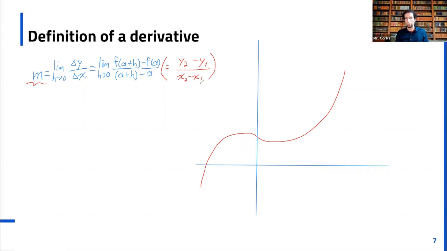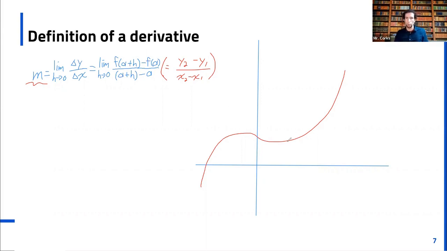Okay, so if this is from a slope, then we have a point 1 and we have a point 2. Where are those things? Almost close to 0. That's the h value.